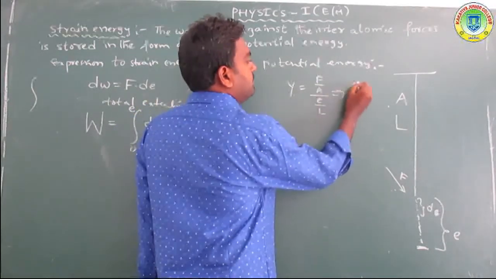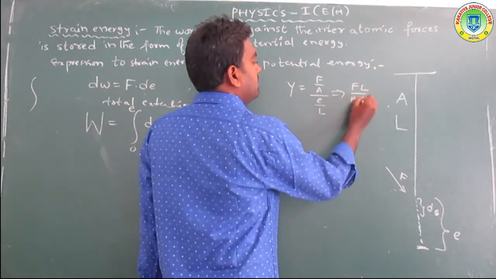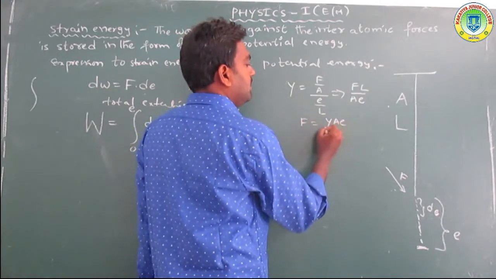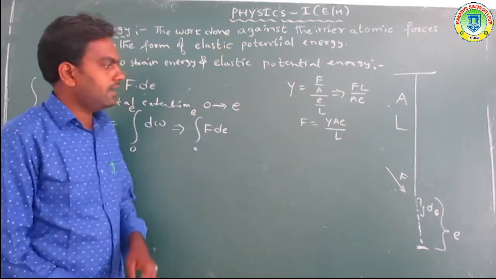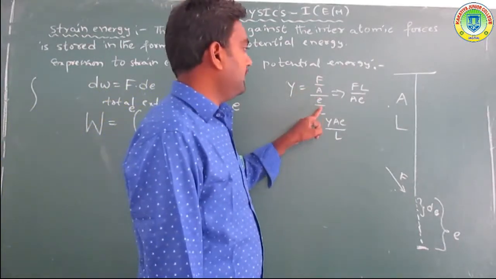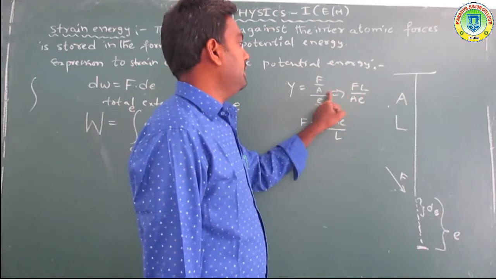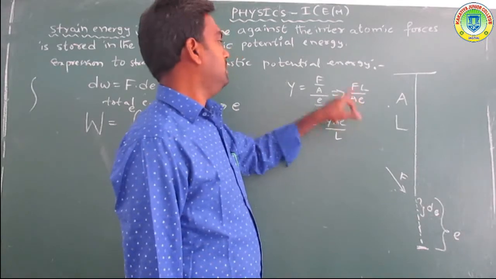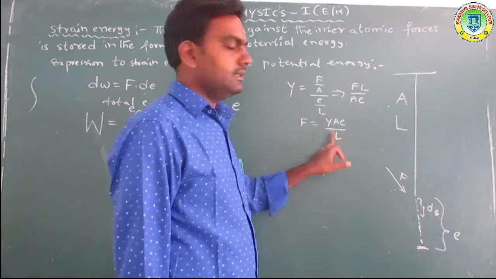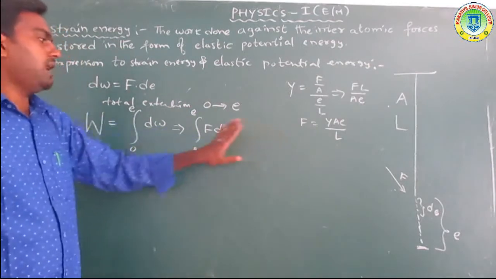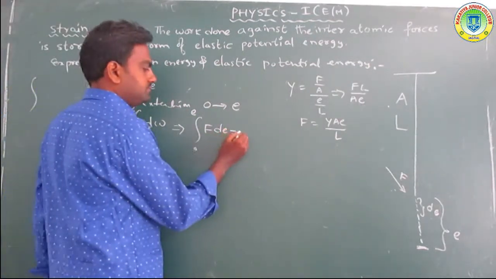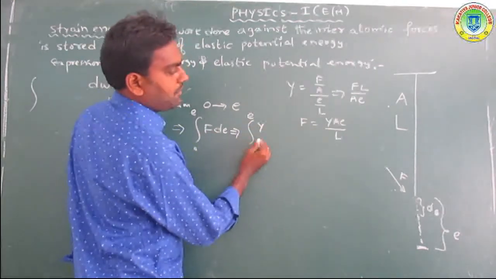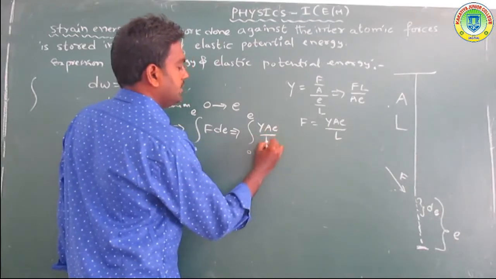Cross multiplying, F is equal to Y A e by L. That is the force. Substituting the force value in the equation, integration from 0 to e of Y A e by L de.